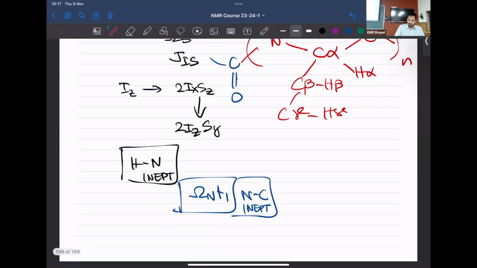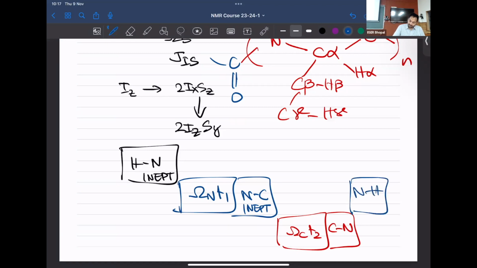Correct? Then you can do carbon labeling in T2, and then do a reverse INEPT, C to N. And the moment you do C to N, the next has to be N to H, and then you detect in proton.